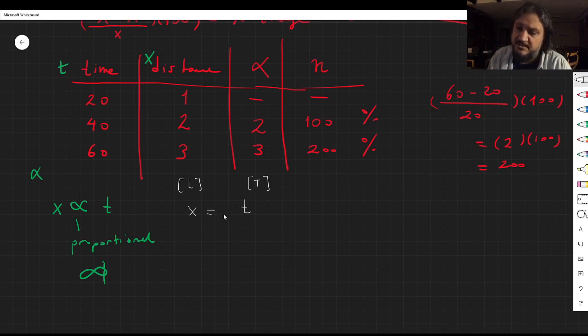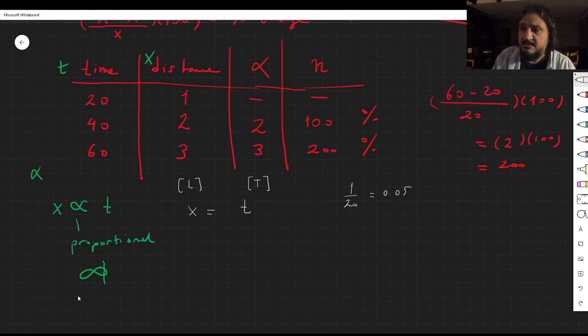A number here, okay? Well, we can calculate the number. What is the number that gives you 1 when multiplied by 20? It's 1 over 20, or 0.05.